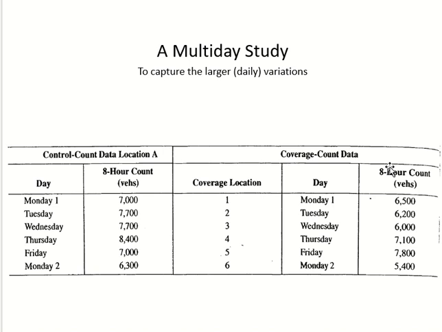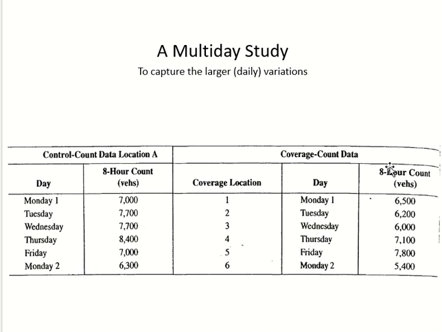So I will not shift from one location to the other on the same day. I'll do one location in 1 day. The next day, for the 8 hours, I will go to the new location. So if I have 6 coverage locations, I'll cover them in 6 days.